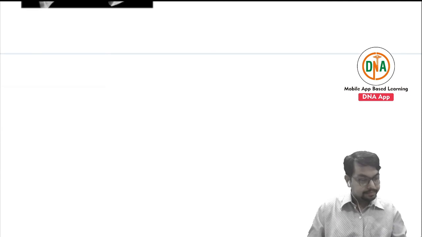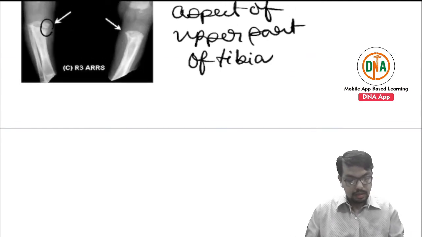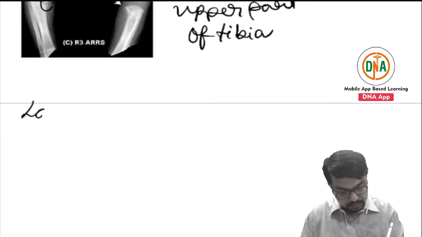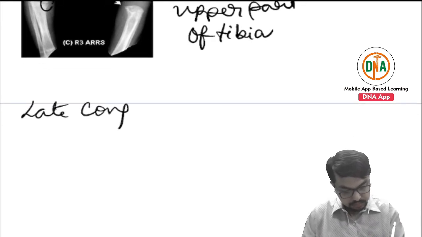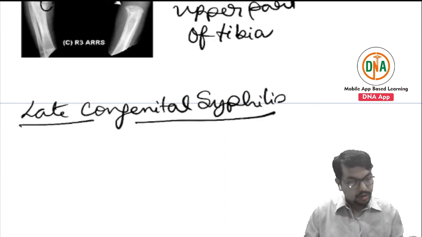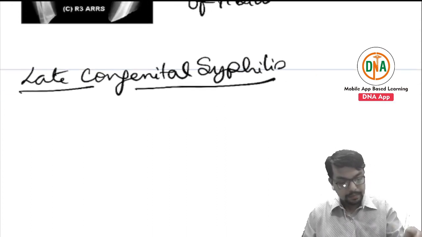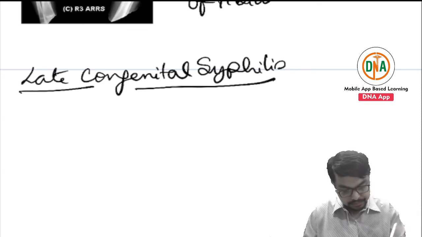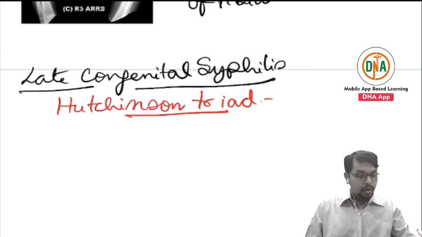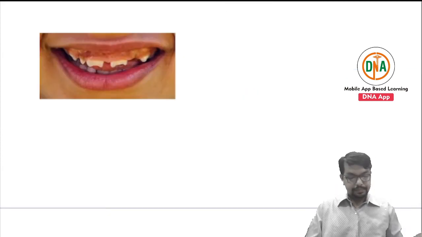Next we will see the late stage, late congenital syphilis. There is one important named sign that you have to remember, that is called Hutchinson triad. What are the components of the triad?